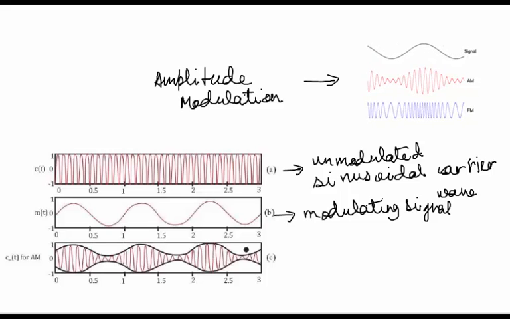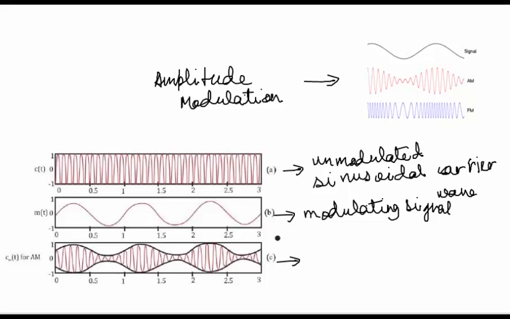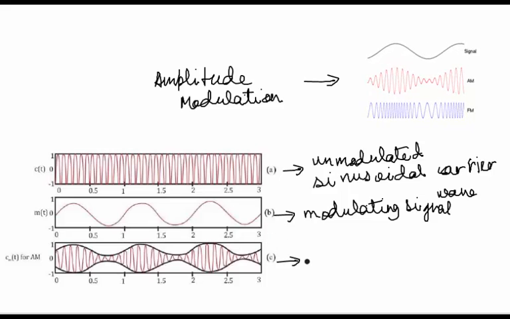Now see, this is the modulated carrier wave, and the envelope around it that we see is due to the modulating signal. So we can say that this is the process of amplitude modulation.